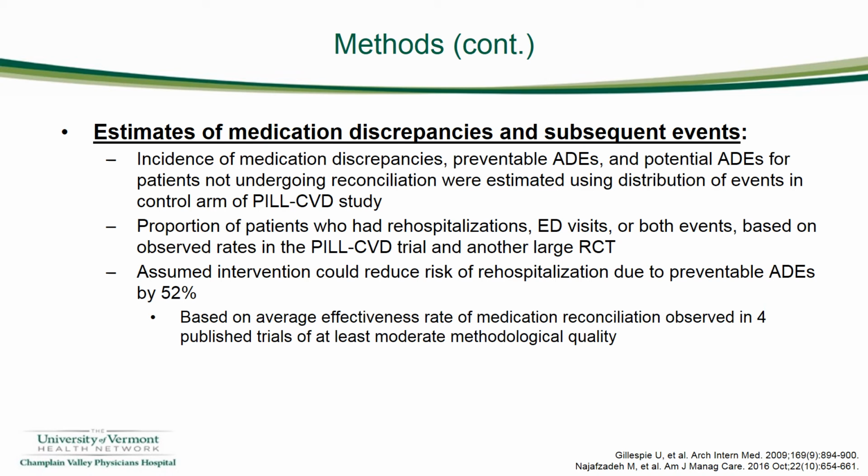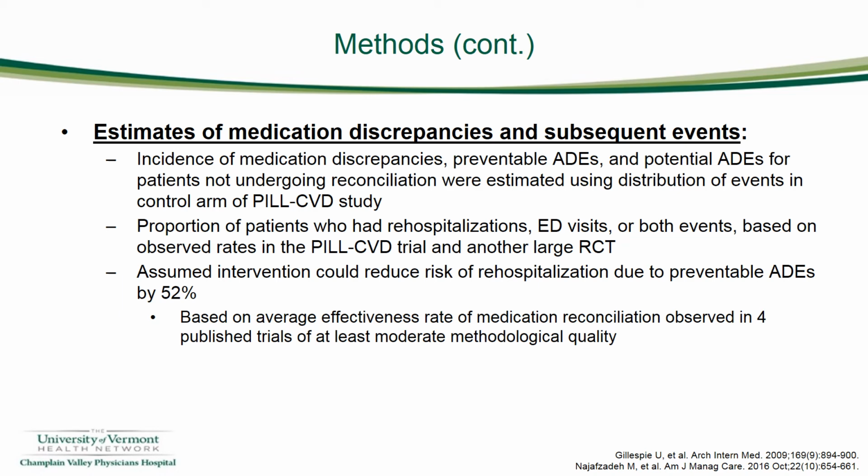The proportion of patients who had rehospitalizations, ED visits, or both was based on observed rates in the pill CBD trial, and they also looked at another large randomized controlled trial to estimate the overall incidence of these events. They assumed the intervention could reduce the risk of rehospitalization due to preventable ADEs by 52%.